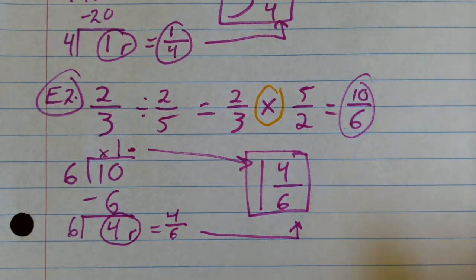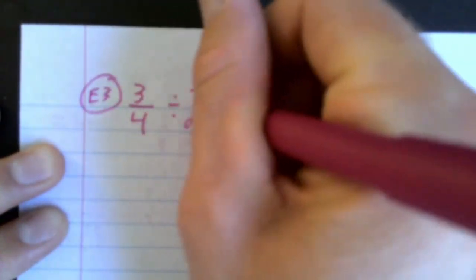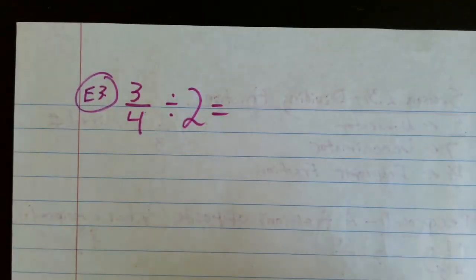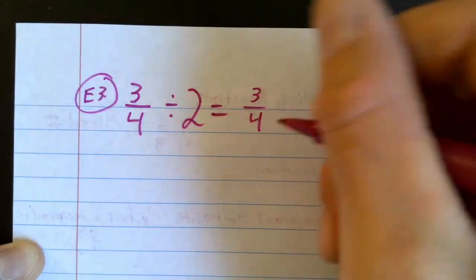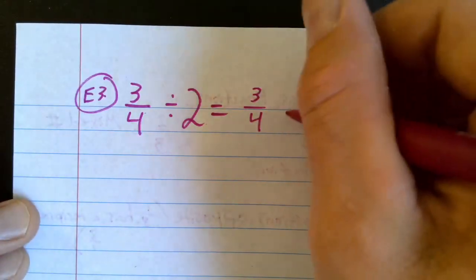Let's try another one. Example 3, go ahead and write E3. E3 is 3/4 divided by 2. From example 1, we know the first step is to keep the first fraction, so we keep 3 over 4. Step 2, switch to multiplication.